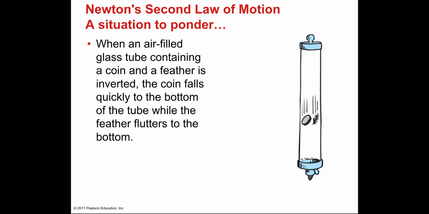So there is air resistance. This air resistance is going to act on the feather more than the coin, because the feather is light and has a bigger volume than the coin, and because the coin has more mass, inertia comes into play.